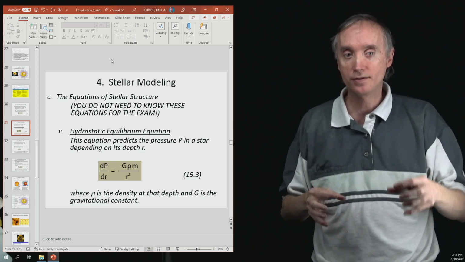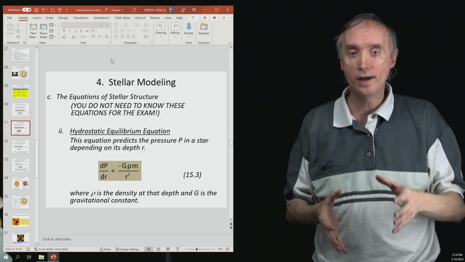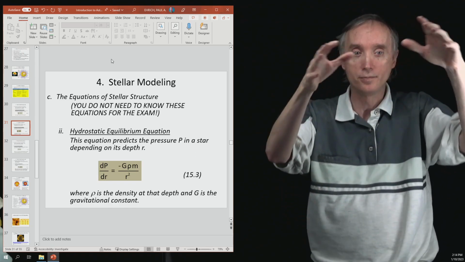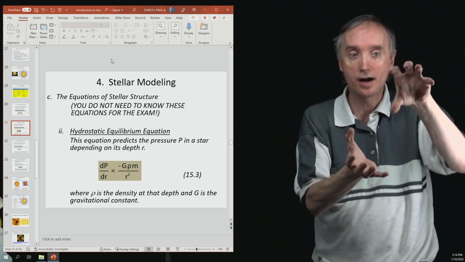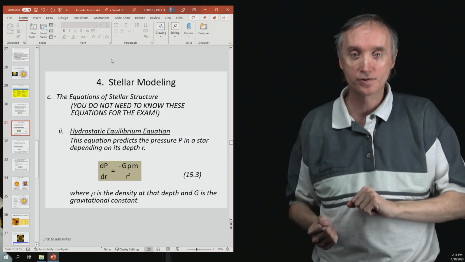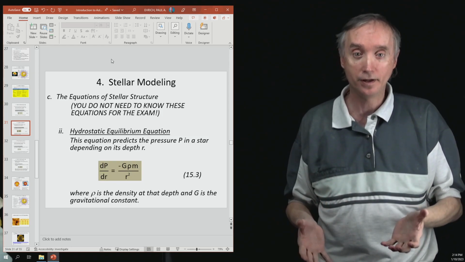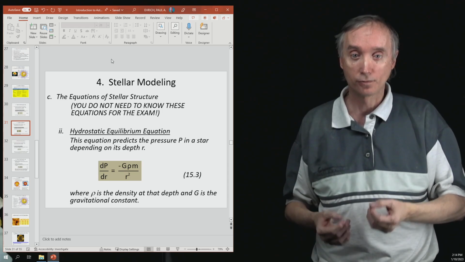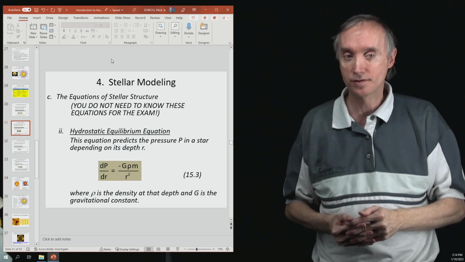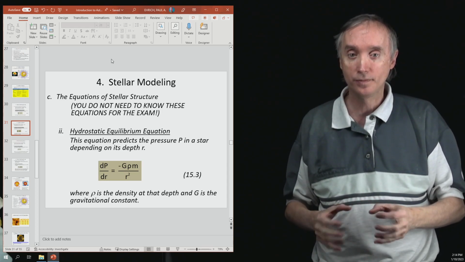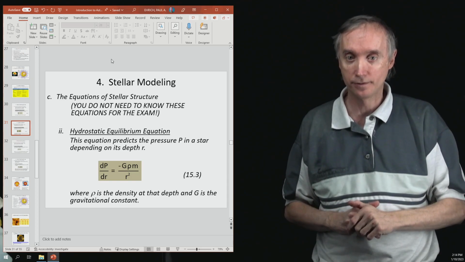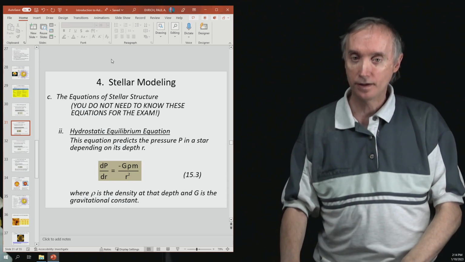So the pressure inside the sun would be the weight of all of the material that's on top of that particular layer. So you can see why it would involve gravity, big G. Rho is going to be the density of the sun again, and m is going to be the mass of the sun.